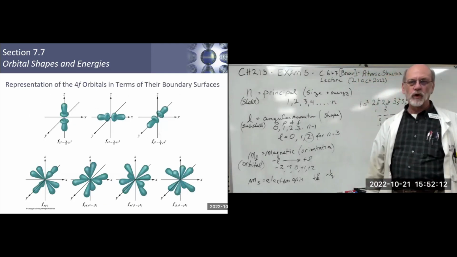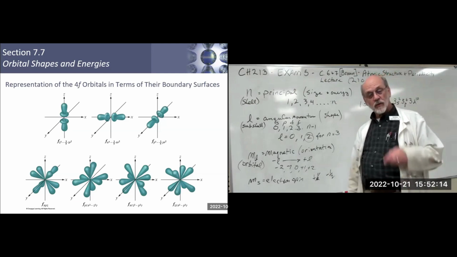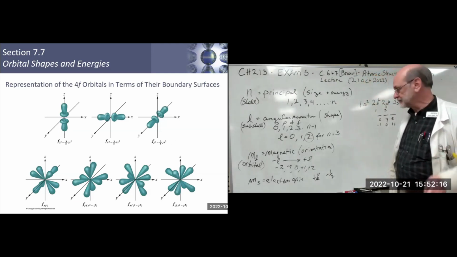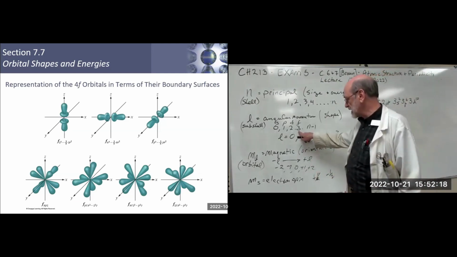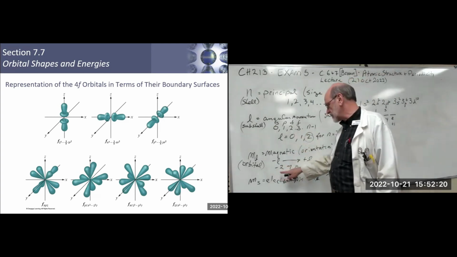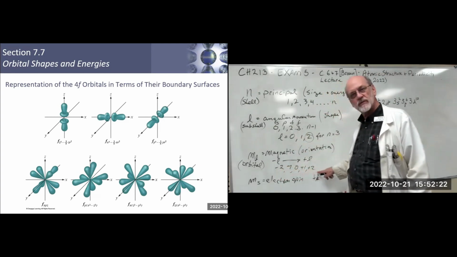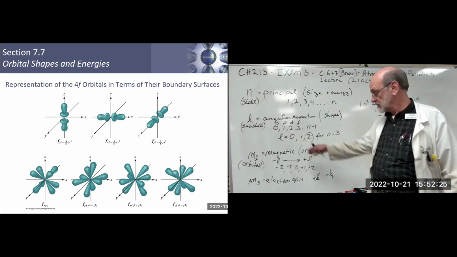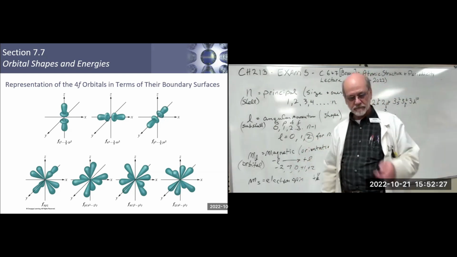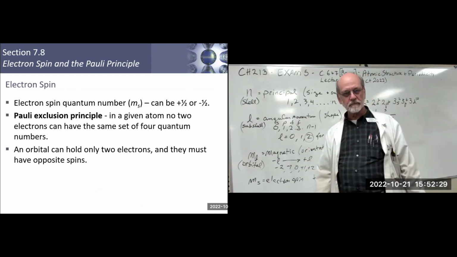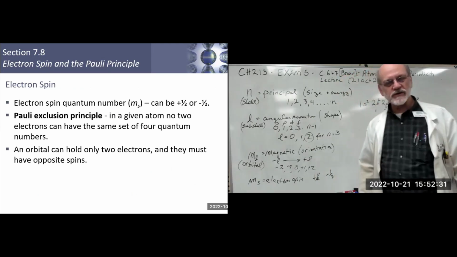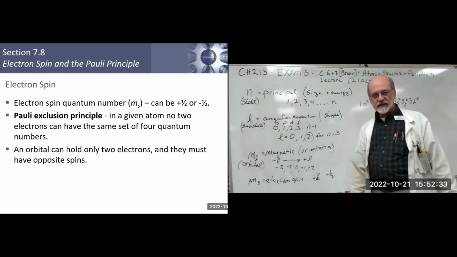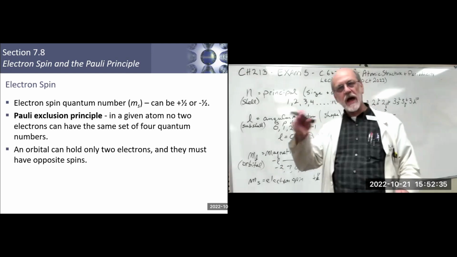And then the f is even worse. How many orbitals are f? 7, right? If f is 3, then you can have -3, -2, -1, 0, +1, +2, +3. 7 M sub L numbers. All right. And then the electron spin is fairly easy to understand. Think of it as spinning tops.